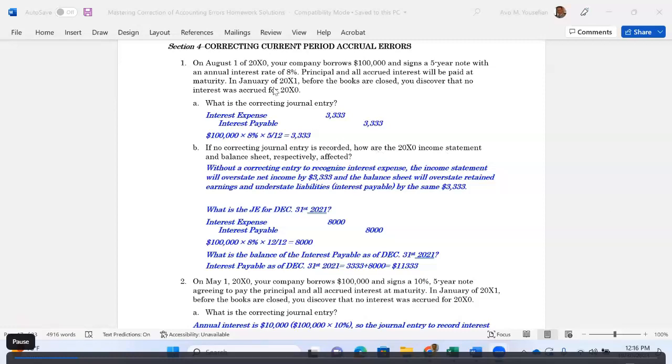if in January of 2021, you realize that this adjusting journal entry is still not recorded, it's still time, because your financial statements are not prepared yet, your books are not closed. Normally in January, companies are doing the closing entries to see what was supposed to be recognized.